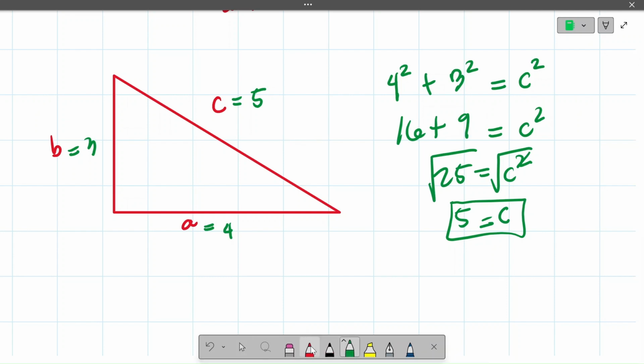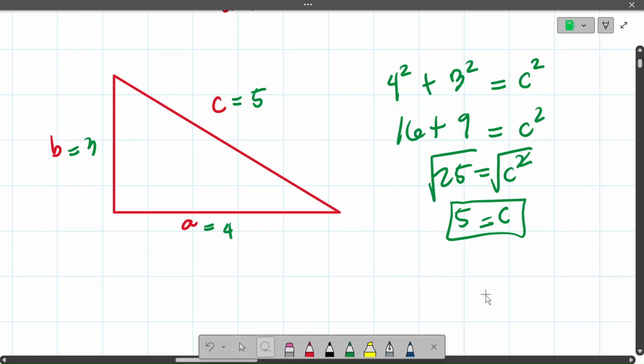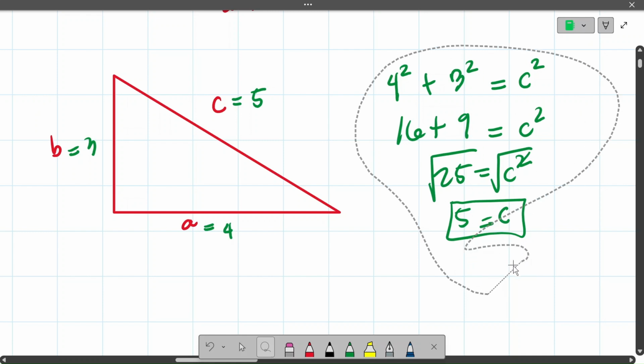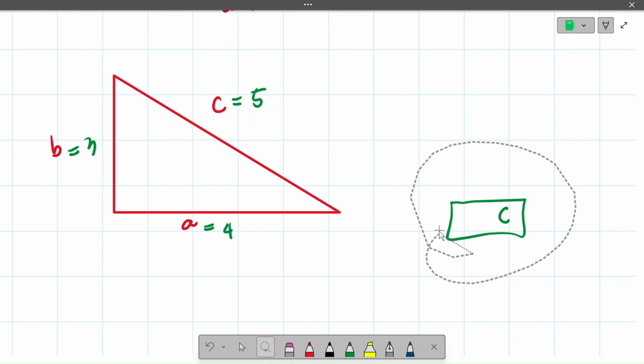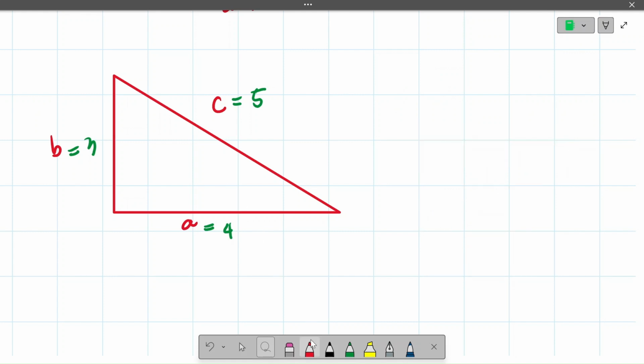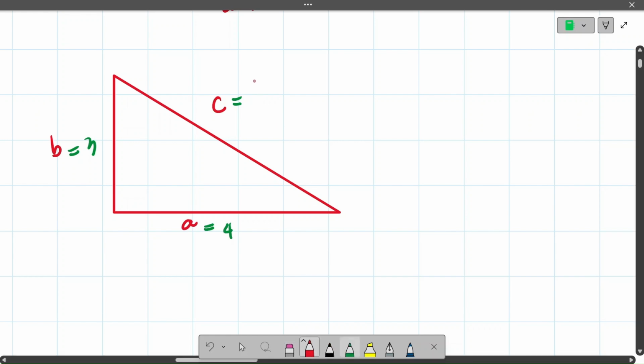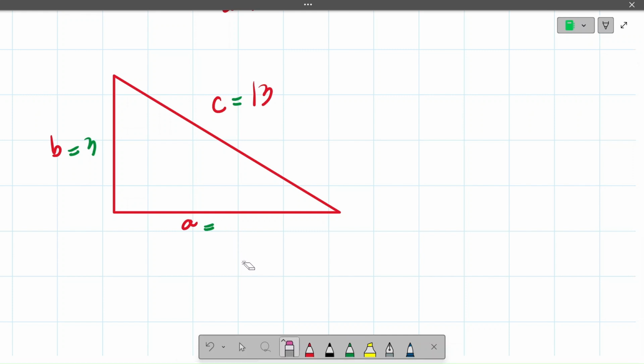Let's say our C is 13. Our A is 12. Then what is B?